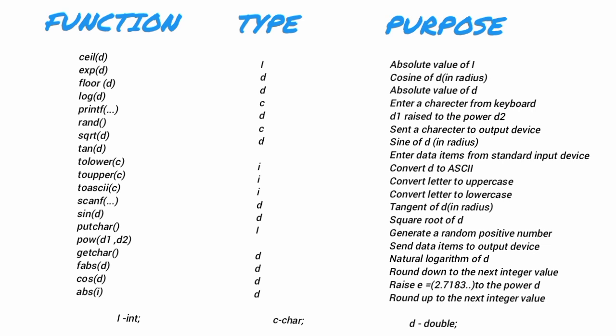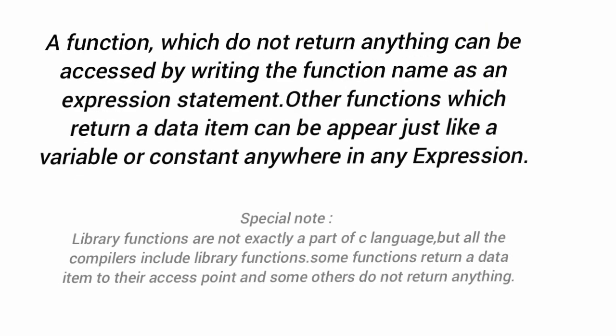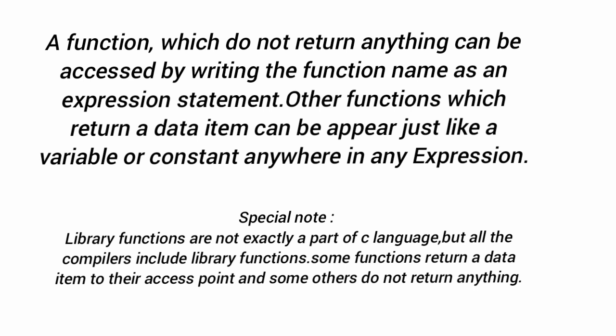The i represents int, c represents char, d represents double. A function which does not return anything can be accessed by writing the function's name as an expression statement. Other functions which return a data item can appear just like a variable or constant anywhere in any expression.